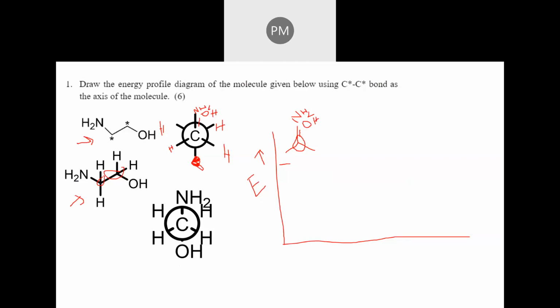So the dihedral angle between this NH2 and OH is 0 degrees. I've written 0 here.